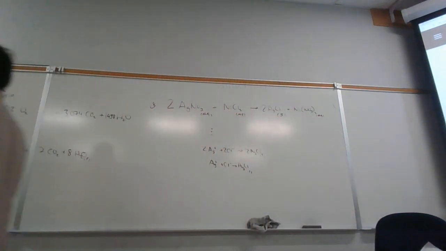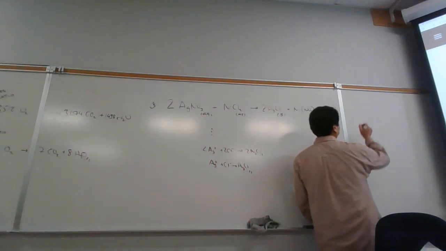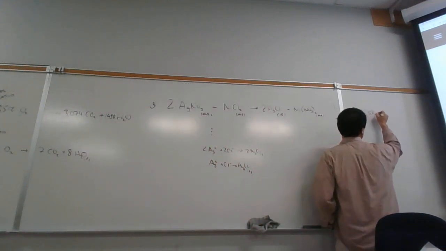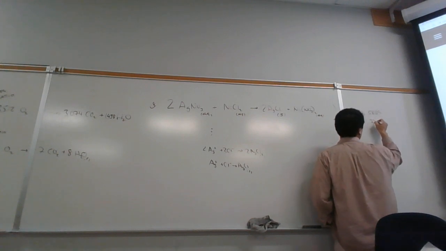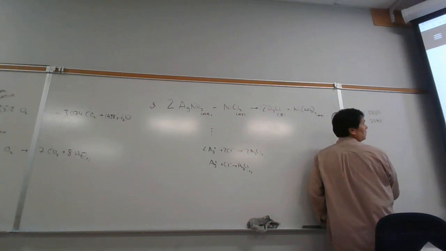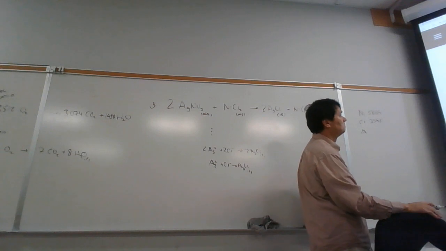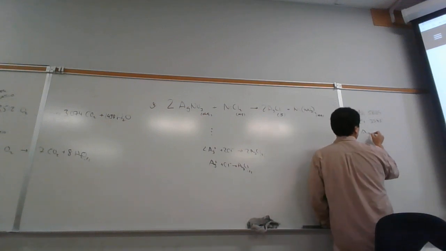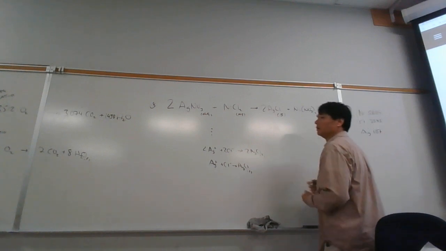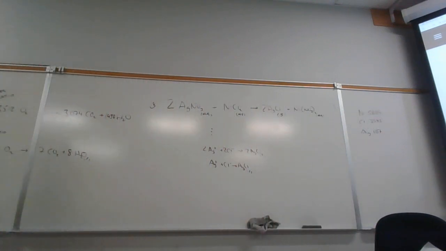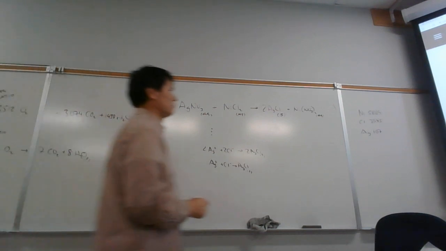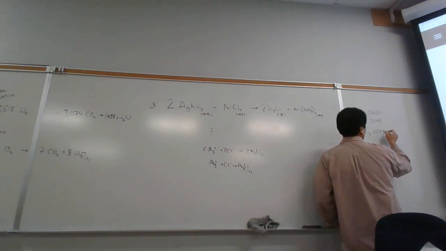Nickel is 58.69. Chlorine is 35.45. Silver is 107.87.